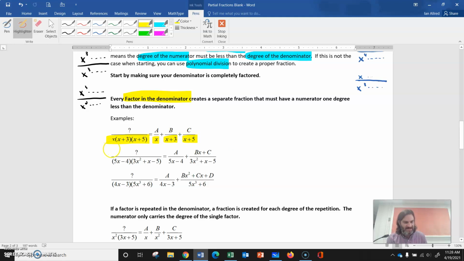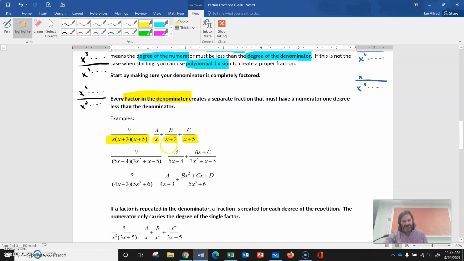So the x in the denominator will be the denominator of its own fraction. The x plus 3 will be the denominator of its own fraction. And the x plus 5 will be the denominator of its own fraction. So this had 3 factors in the denominator, so we're going to have 3 different fractions.